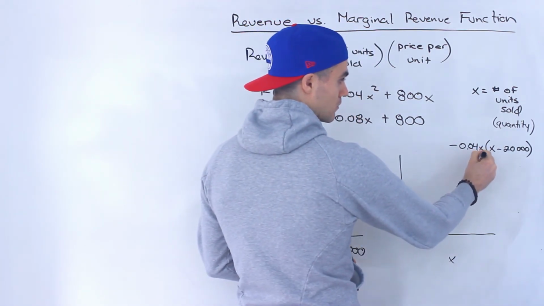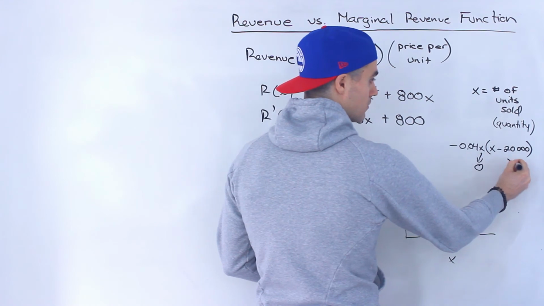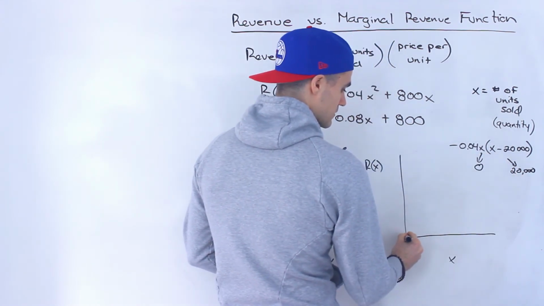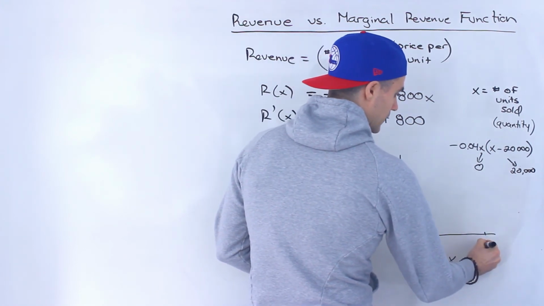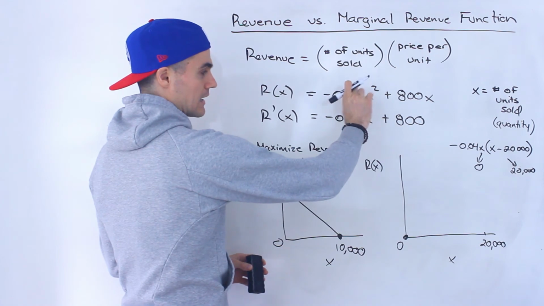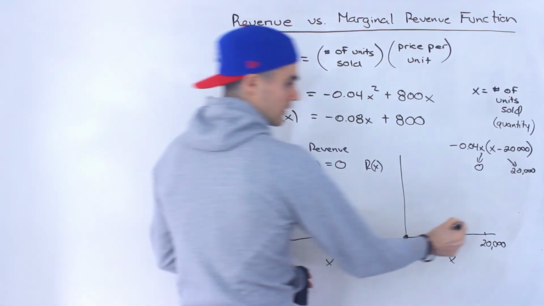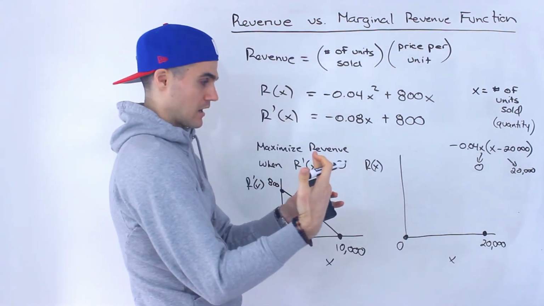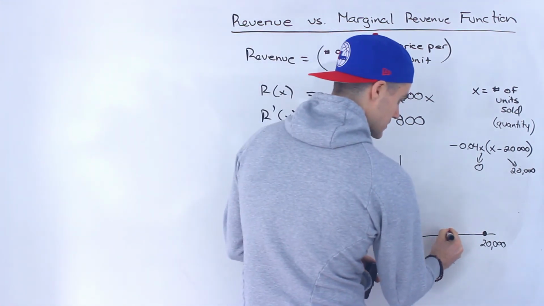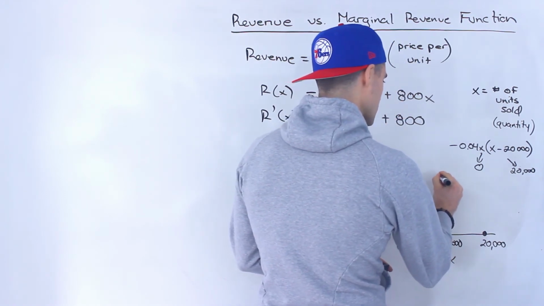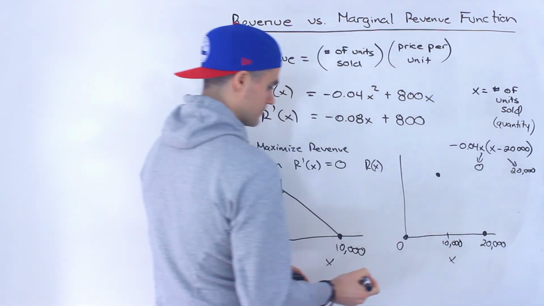So notice from here, what are the two intercepts? 0 and 20,000. And notice that this is a quadratic that opens down. And so we know that the vertex is going to happen in the middle of the intercepts. So it's going to happen at 10,000. So the vertex is going to be up there.